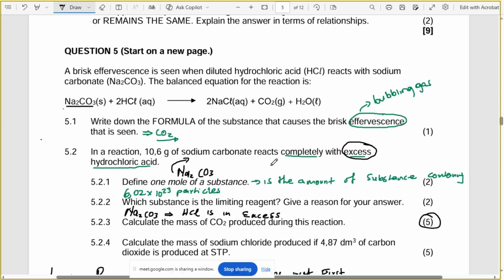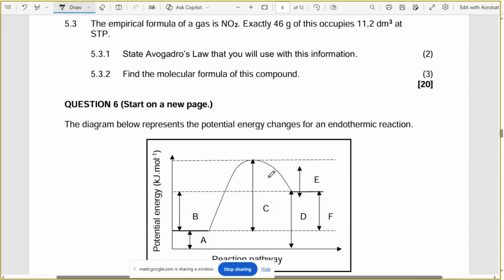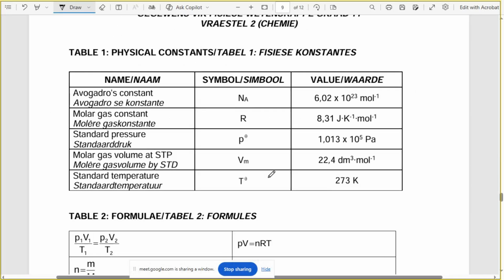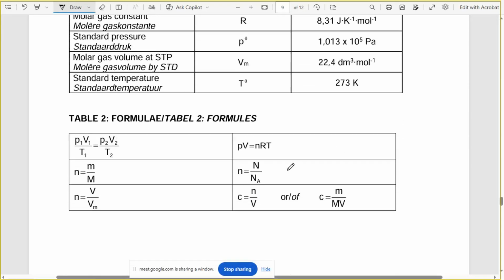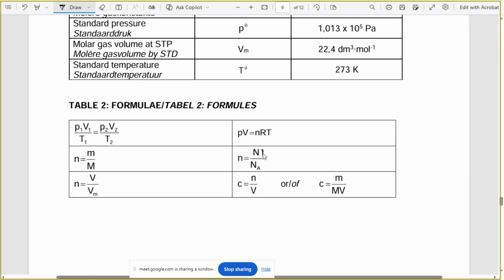No. So Avogadro's number won't work, because that formula we can definitely use if we have the number of particles. So we don't have that. I'll stick to this formula.